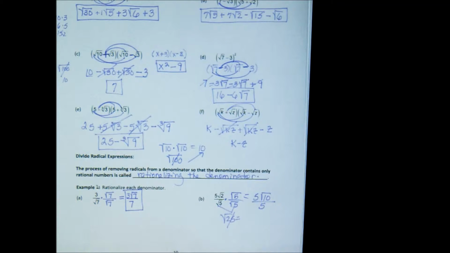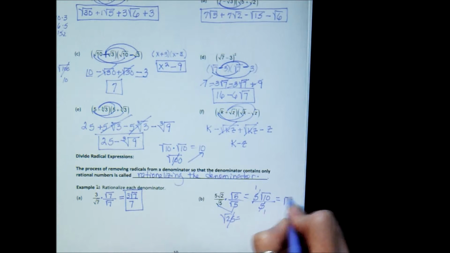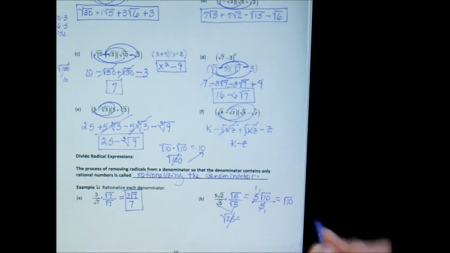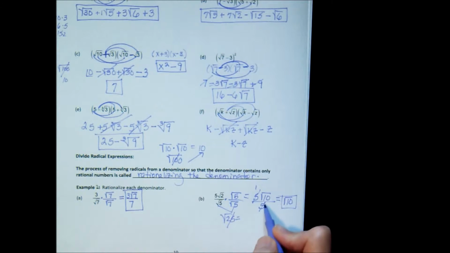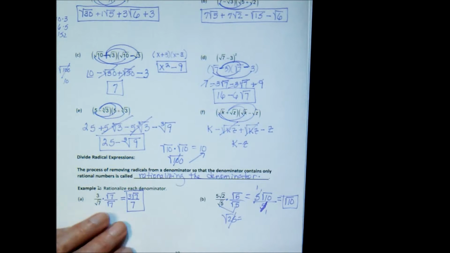Now, here's where you can cross cancel. I can cross cancel numbers on the outside, the coefficients. So this 5 goes into 5 one time, and I end up with just square root of 10. What I cannot do is cross cancel this 5 with the 10 inside the radical sign.